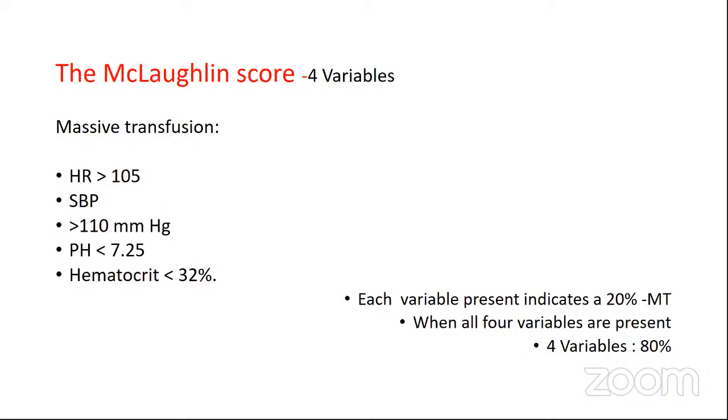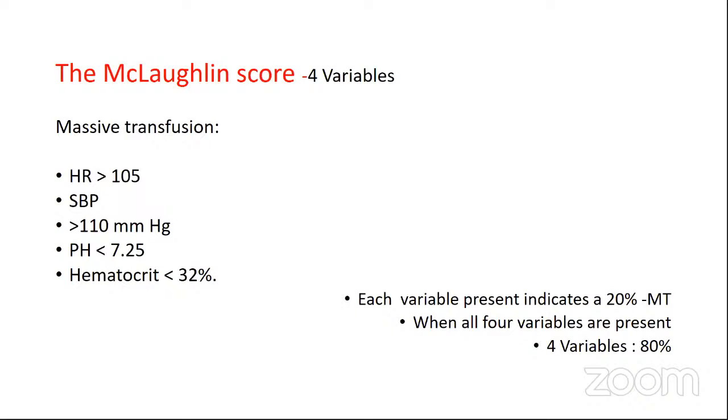The last one is the McLaughlin score, which is again for massive transfusion. There are 4 variables: heart rate more than 105, systolic blood pressure less than 110, pH less than 7.25, and hematocrit less than 32%.